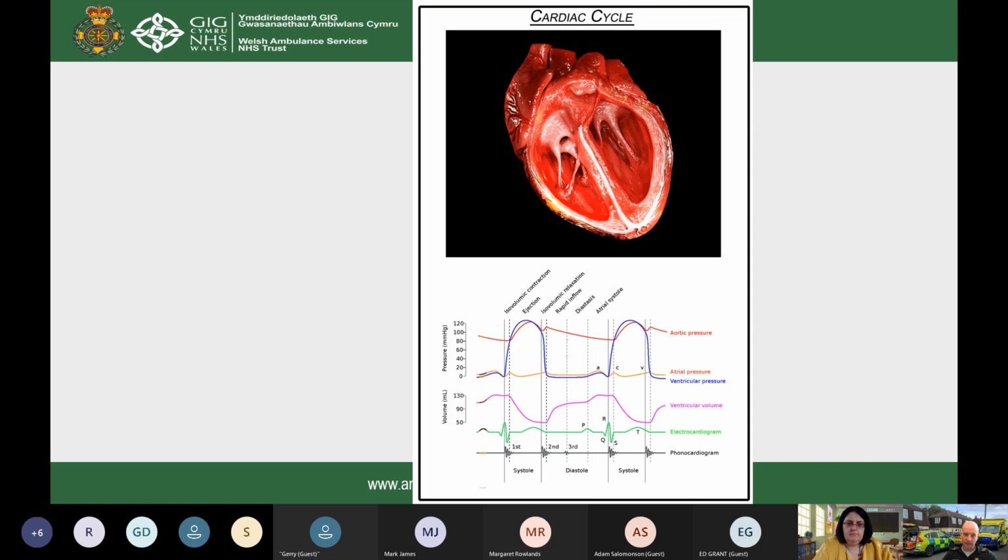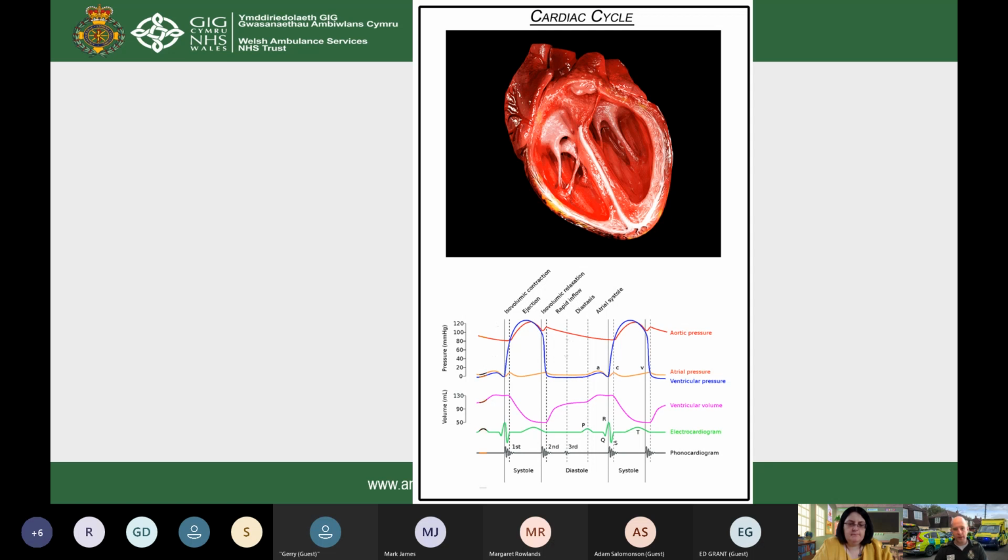And it should look like that. And hopefully that video is playing for everyone. So the top chambers are constricted, held at the AV node for a millisecond. Then the bottom chambers will constrict, allowing the blood to go either up to the lungs or around the body. Everyone happy with the functions of the heart, where all the blood goes, and the electrical pathways which allow it to happen?